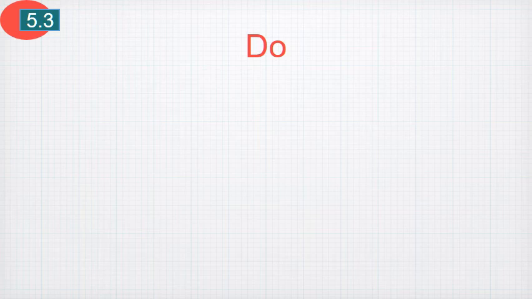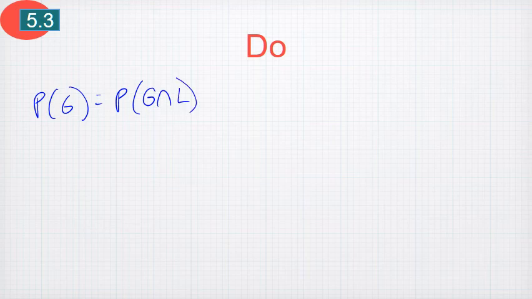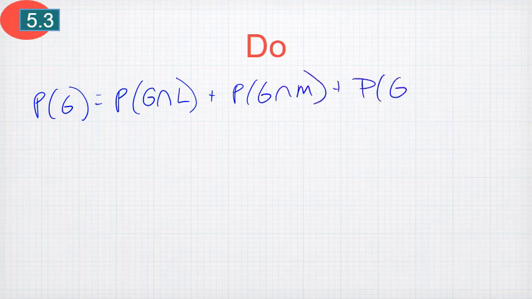So we're going to add all the probabilities of being in each group together. So the probability of getting good grades is going to be, and I'm just writing this in notation so it's easier, the probability of good grades and light, plus the probability of good grades and moderate, plus the probability of good grades and heavy users.